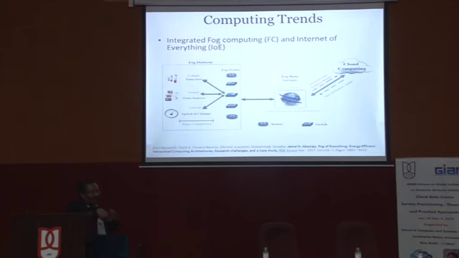The Internet of Things generates a lot of data, and we propose putting a fog data service in between the cloud and the edge fog nodes, and handling the volume, variety, and velocity characteristics of big data.